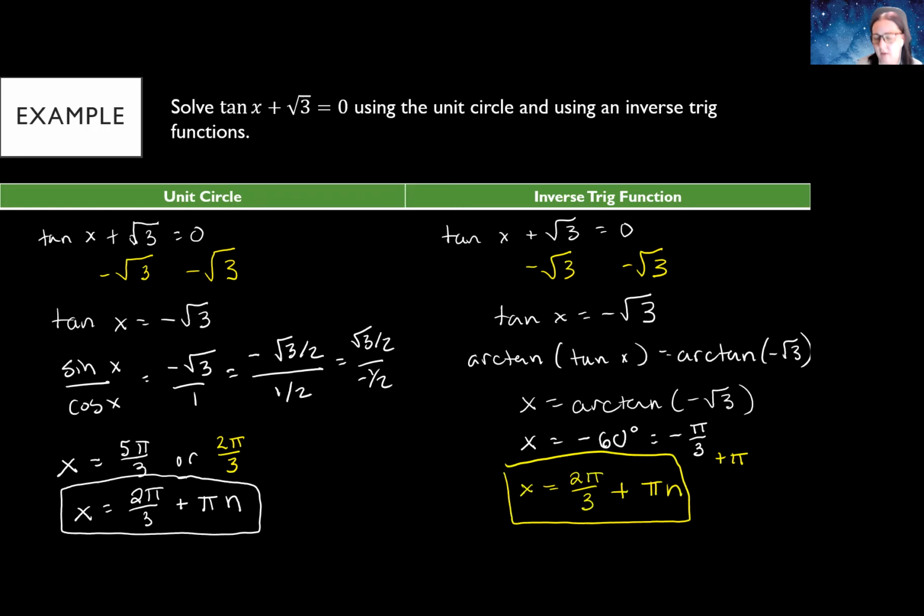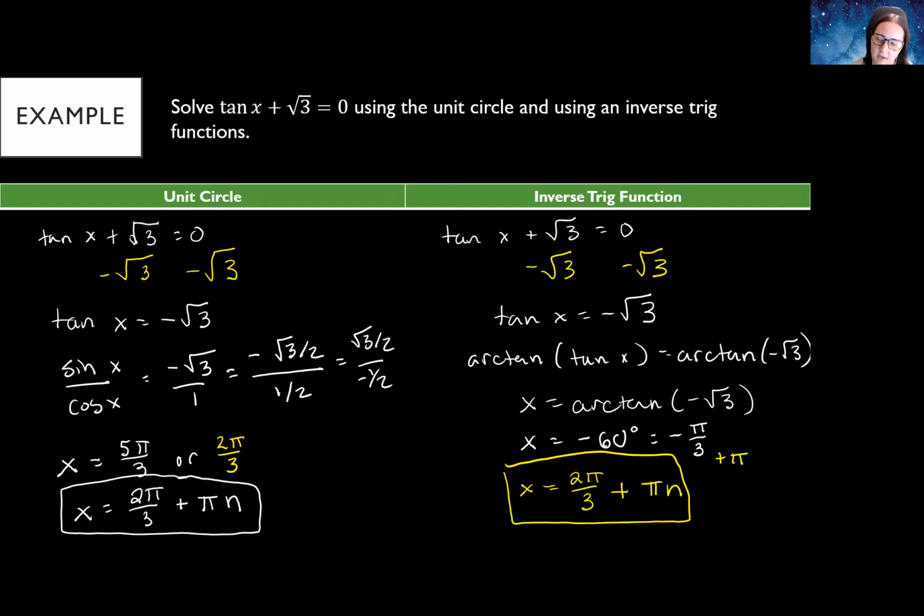But notice that if you do this using the unit circle, you're getting, okay, 2 pi over 3 or 5 pi over 3 gives me that value of tangent. When you do it with your inverse trig function, it's giving you only one possible answer, negative pi over 3, which is the reference angle. So note that your calculator always gives you the reference angle.